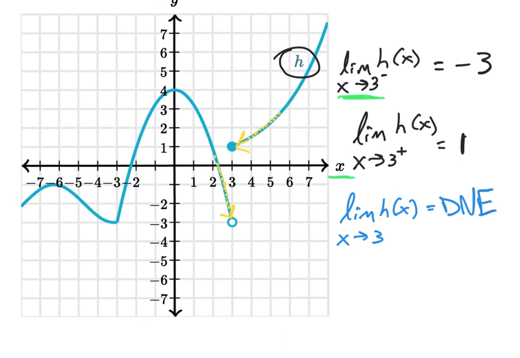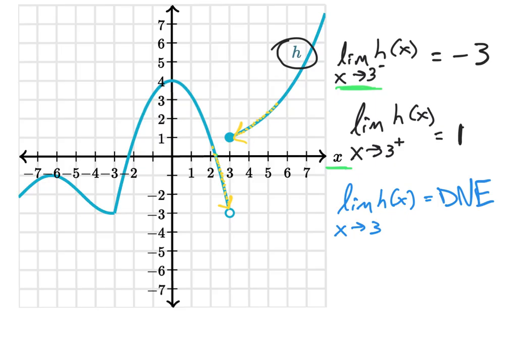Okay, but we could get two-sided limits that do have an answer. So what about this one? The limit of the function h of x as x goes towards 0, or x approaches 0. What does that equal? So here we go. I'm going to do this in red. If it's a two-sided limit, we have to go towards x equals 0 from the left side and the right side.